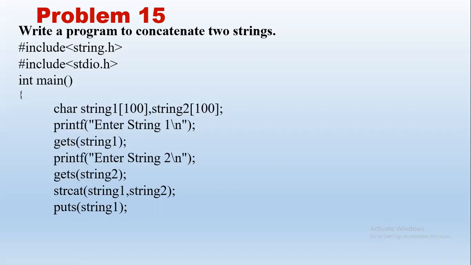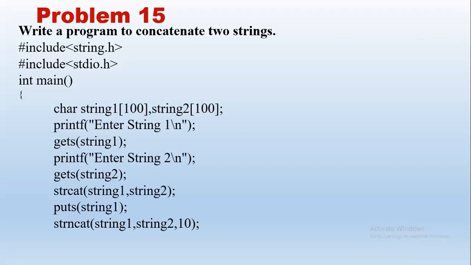Now to see the variation, let us say now we have computer programming in string 1. Please note, string 2 is simply programming. Now the same string 1 we have, and then we give string 2. So this is using strncat, and we specify 10. That means 10 characters of string 2 have to be appended or concatenated at the end of string 1.